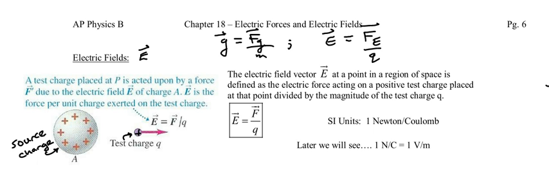However, if this positive test charge were to experience a force, repelling it to the right, it would move away from this source charge, and it would move in the same direction parallel to the electric field. So the direction of the electric field is in the same direction as the electric force for a positive test charge. Sometimes it helps to understand this by showing the electric field lines that are surrounding a source charge.